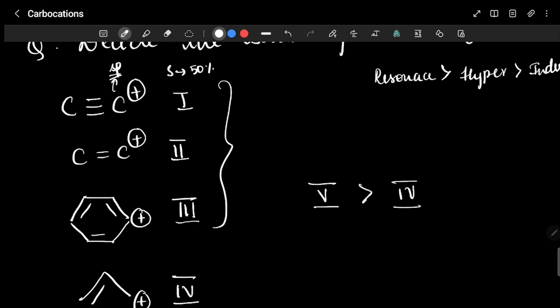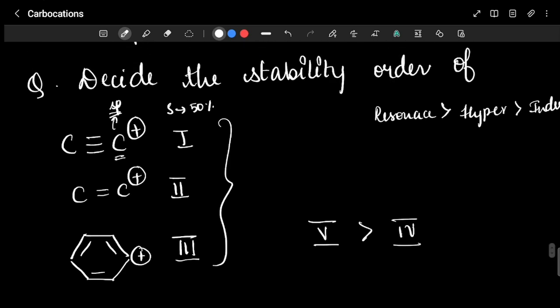When S character is more, the electronegativity of the carbon is more. So it acts like an electronegative carbon, and on this electronegative carbon you have a positive charge. On electronegative atoms, positive charge is not that preferable. So 1 will be the least.